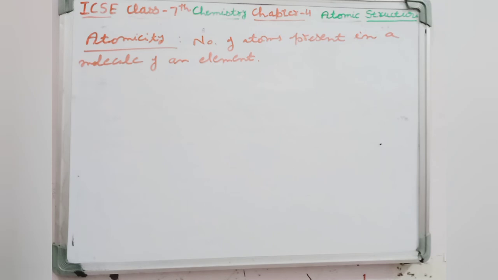Right? What is an element? An element is the simplest form of a pure substance which cannot be further divided into simpler substances. The number of atoms present in a molecule of an element is its atomicity.